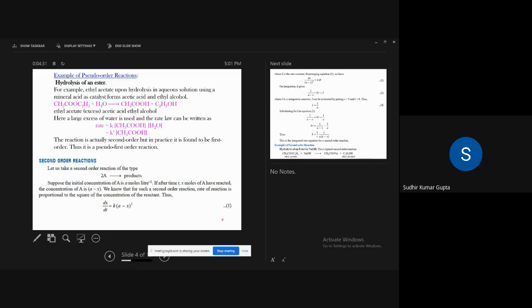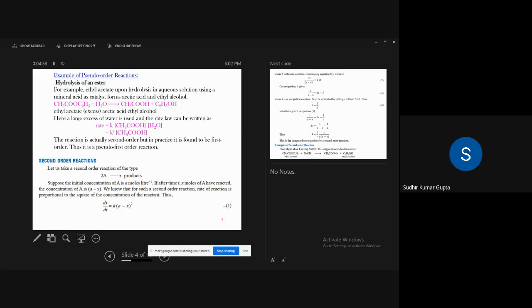At any time t, the concentration of the reactant is a minus x. The rate is given by the decreasing concentration of reactant or the increasing concentration of product, so x is the product.